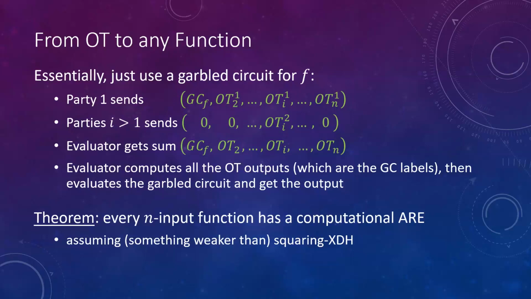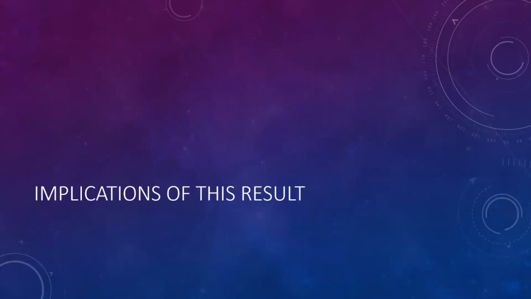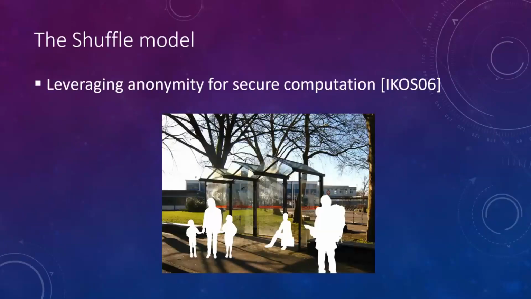Good. So this is the theorem that I wanted to show you, and let's talk a little bit about implications of that. And in particular, let's think of the shuffle model. The shuffle model was introduced by ICOS almost 20 years ago. It was a model for leveraging anonymity in order to get secure computation.